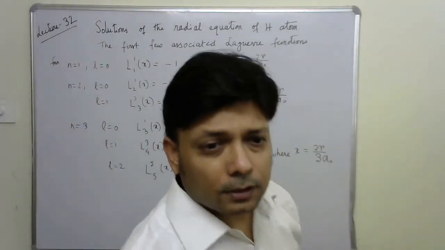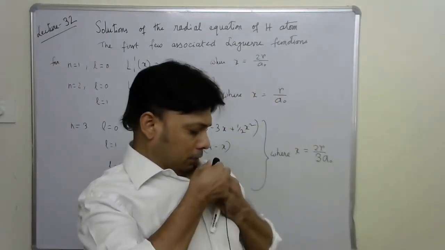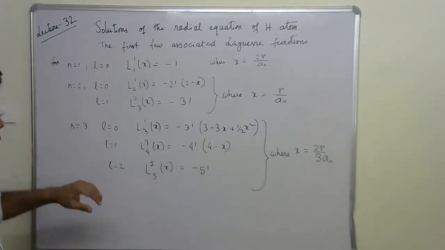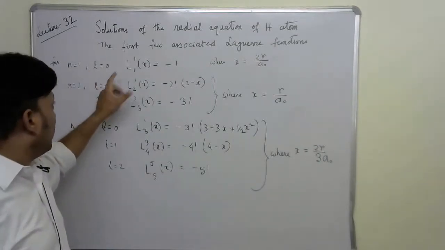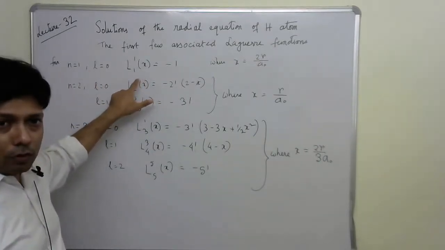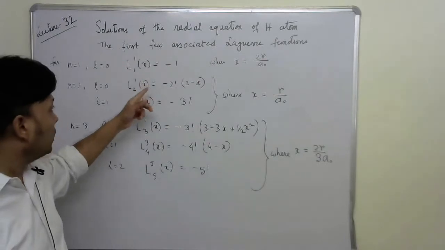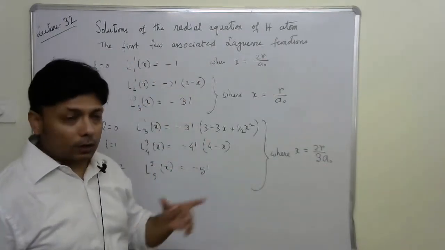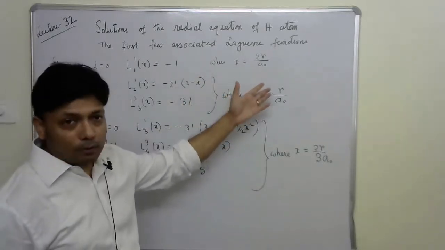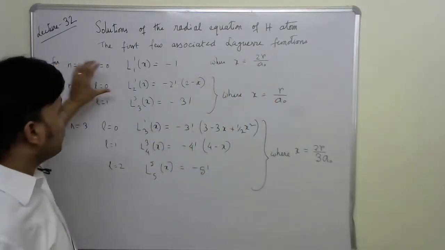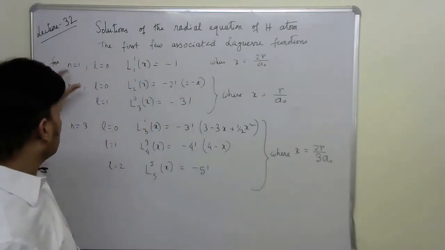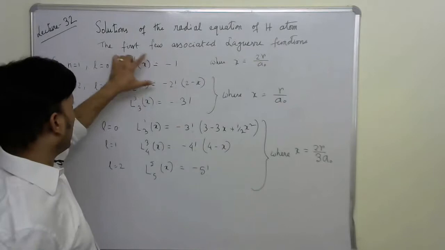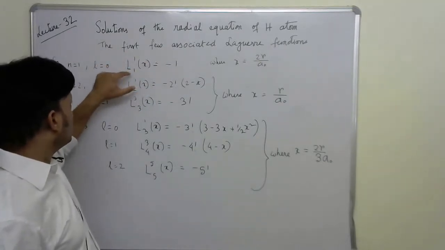As you can see here, we have a list of the first few associated Laguerre functions. For n equal to 1, l equal to 0, the associated Laguerre function is represented as L_1^1(x), and it comes out to be minus 1, where x equals 2r divided by a naught. We have followed the expressions from the associated Laguerre functions to denote the superscript and subscript.